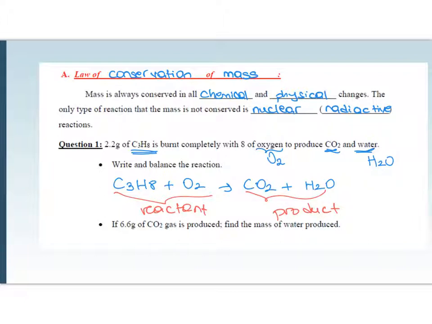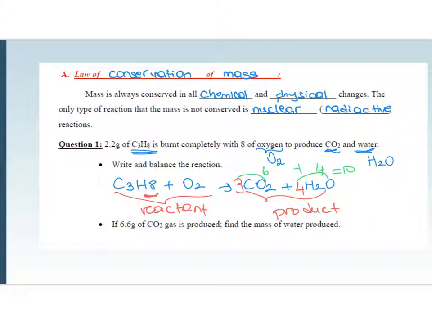If you have 3 carbon here, you're going to put 3 here. Now you have 8 hydrogens here, you're going to put 4 in front of water so that the hydrogen atoms are equalized. Now comes the number of oxygen atoms. You have 6 oxygen atoms here and you have 4 more here, which will give you 10.